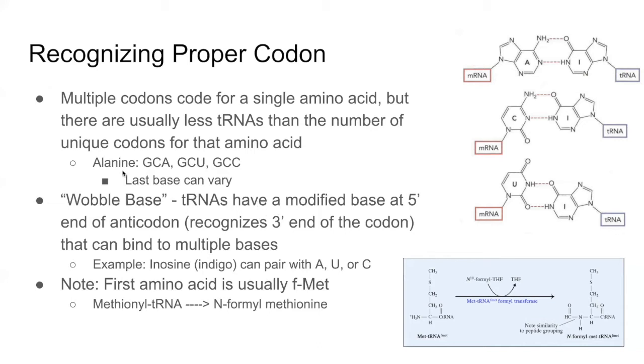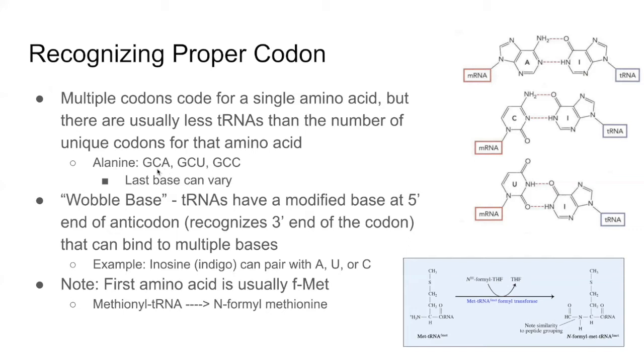One thing we noticed in the alanine is that GC stay the same, but the last letters are different. So evolution has created a way such that we can make it specific to G and C and let it bind kind of loosely to the last base. We call that last base the wobble base.